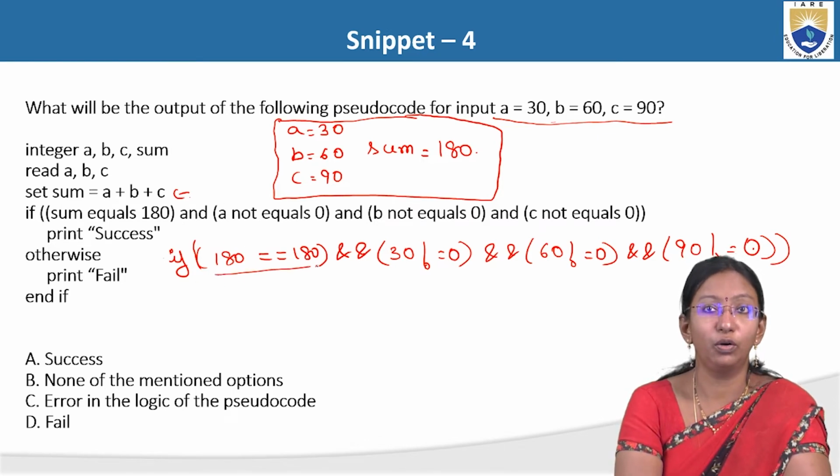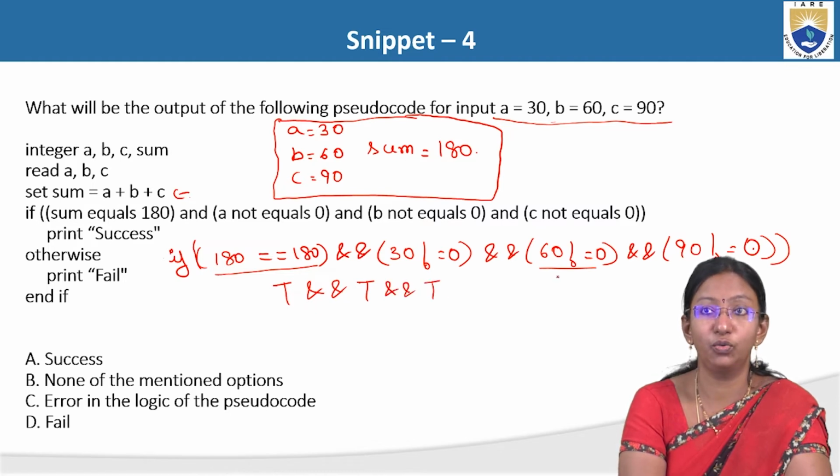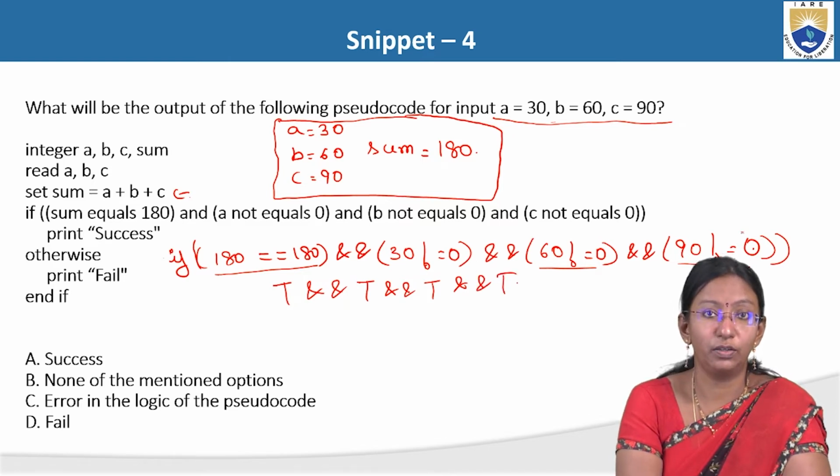What is the result of 180 is equal to 180? It's true. Both are the same. And what is the result of 30 not equal to 0? Even that is true. Coming to the next part, 60 not equal to 0, that is true. And the last, 90 not equal to 0, even that is true. All the 4 conditions are true.